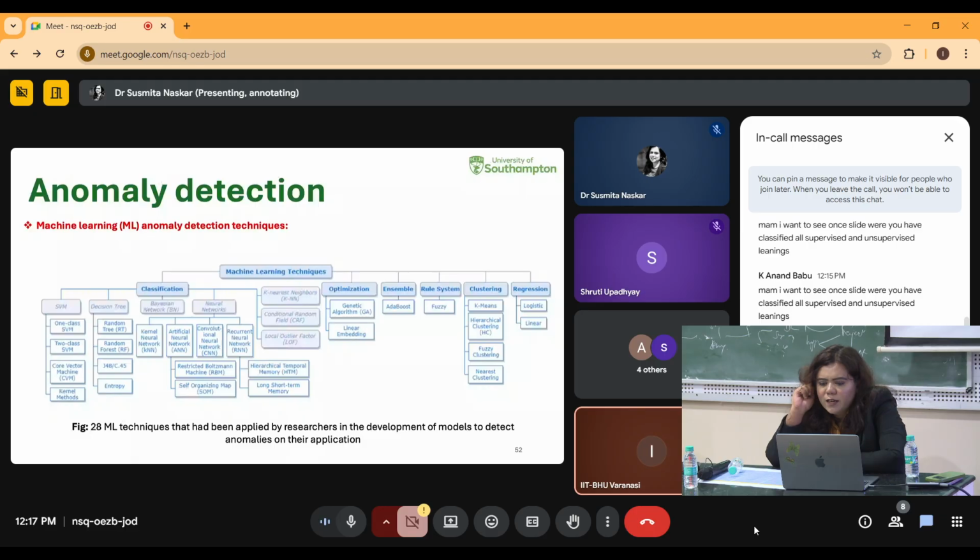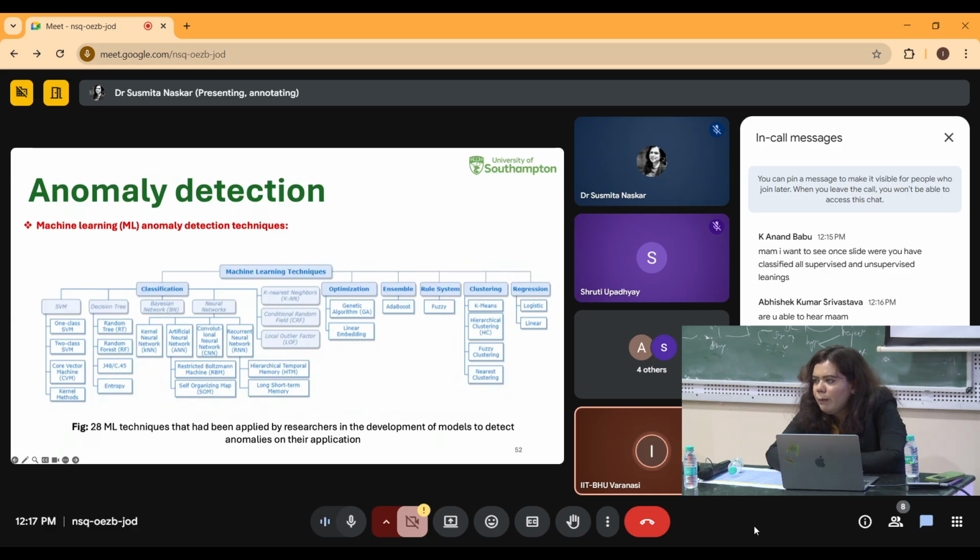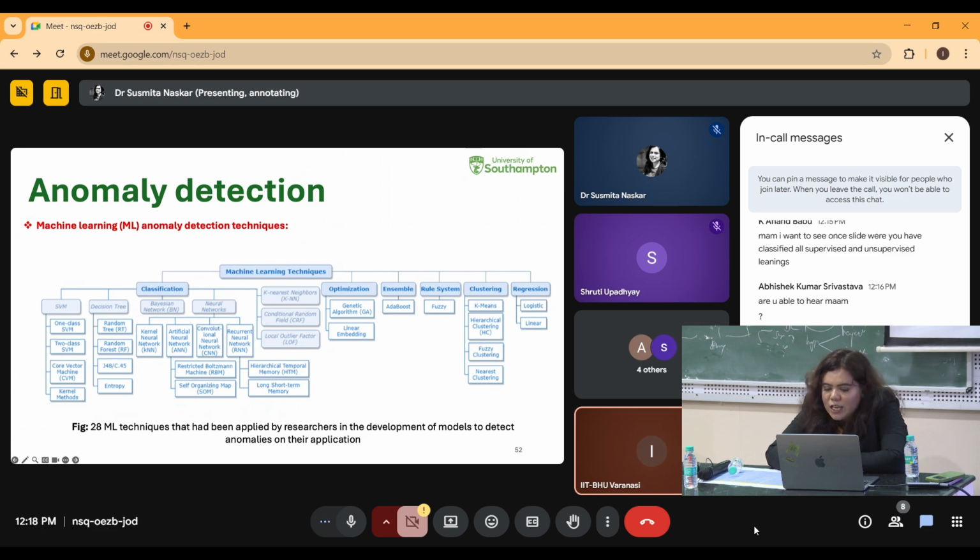So this is basically all the machine learning algorithms which I showed you yesterday, if you remember. Most of the machine learning models which we are going to talk about will fall under this umbrella, mainly the 28 types of machine learning algorithms which we generally see. We are going to talk about most of these in the lecture, and there will be some we definitely are not going to talk about. But these are the main foundations: classification, optimization, regression, clustering. So all of this comes together.